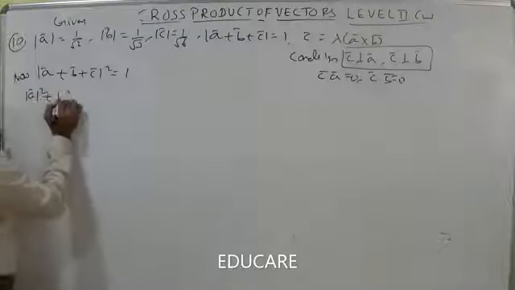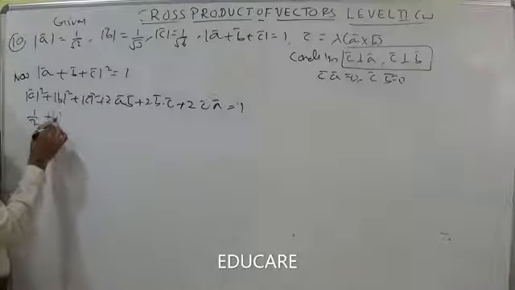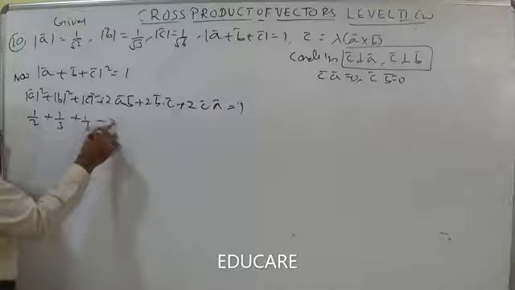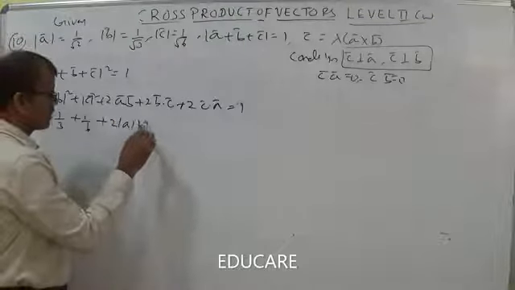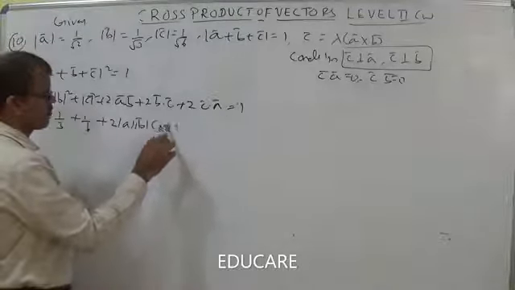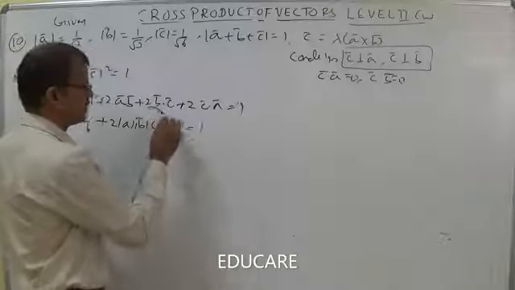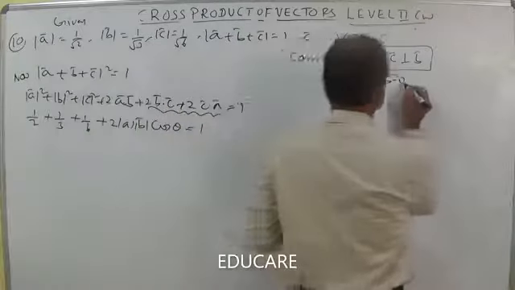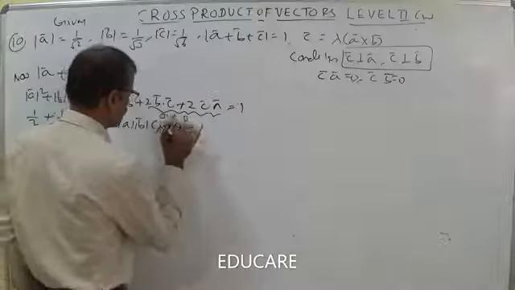Equal to 1, not 0. Mod A is given as 1 by root 2, so mod A square we can write as 1 by 2, mod B square is 1 by 3 and this is 1 by 6, plus 2 into A bar dot B bar, whose formula is modulus of A bar into modulus of B bar into cos theta, the angle between the two vectors, equal to 1. Because now we concluded that C dot B is equal to 0 and C dot A is equal to 0. So these two terms are 0, no need to write them here.